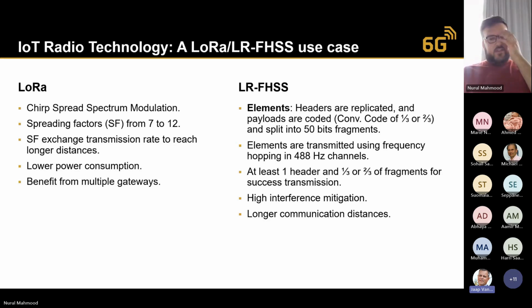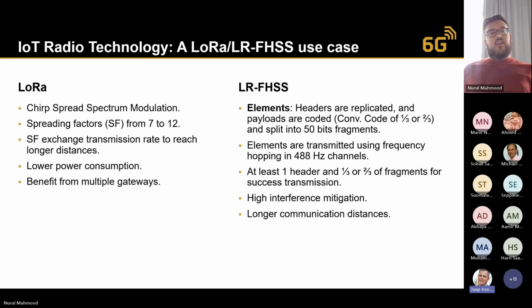And then there's LR-FHSS. It has a frequency hopping spread spectrum. Its transmission packets are divided into header and payload. The thing with this technology is that it has some replication inside the headers. So headers are transmitted 3 times over different very narrow channels.